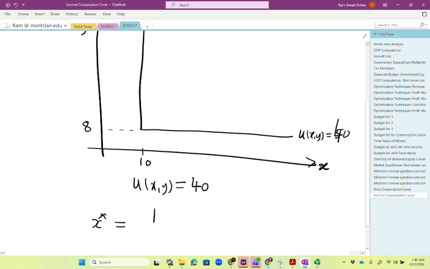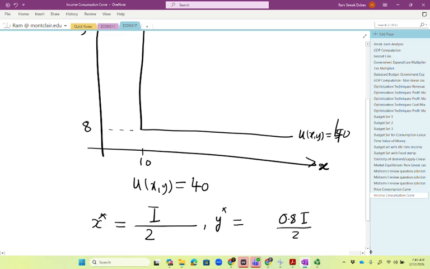So I will write I for income. X star turns out to be 2I divided by 2, and Y star turns out to be 0.8I divided by 2.